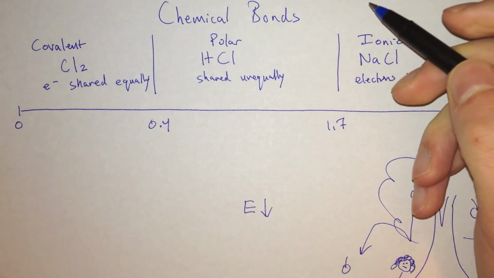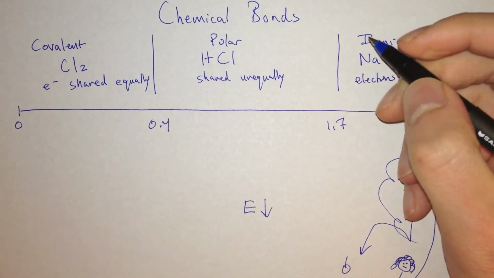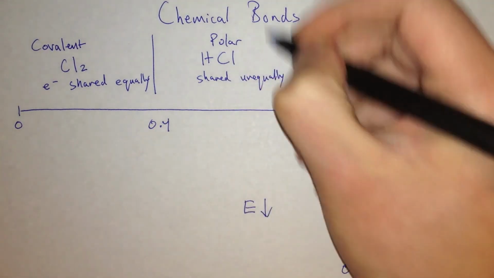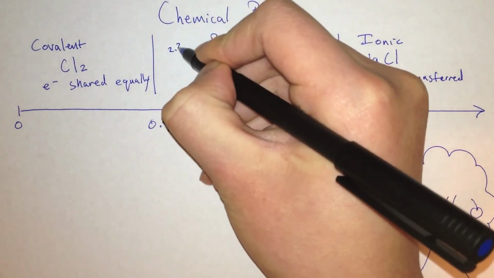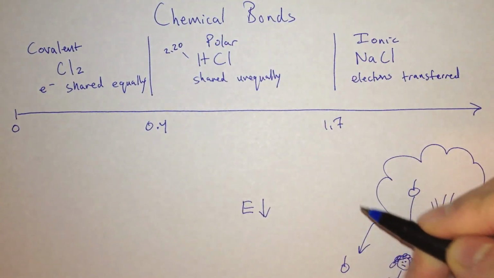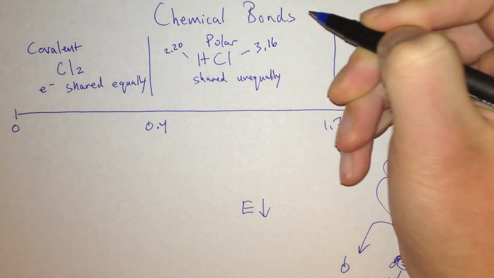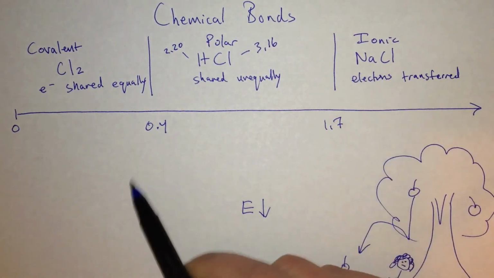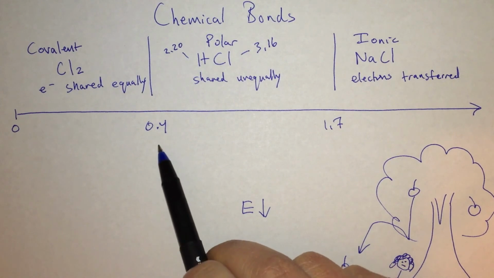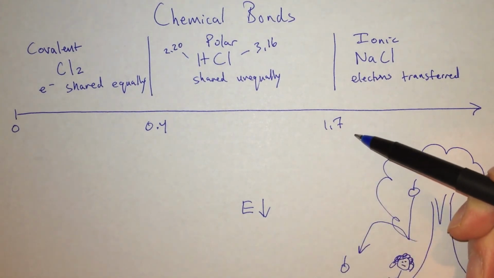For example, in this case, hydrogen's electronegativity is 2.20, and chlorine's electronegativity is 3.16. So the difference is about 1, which is between 0.4 and 1.7.